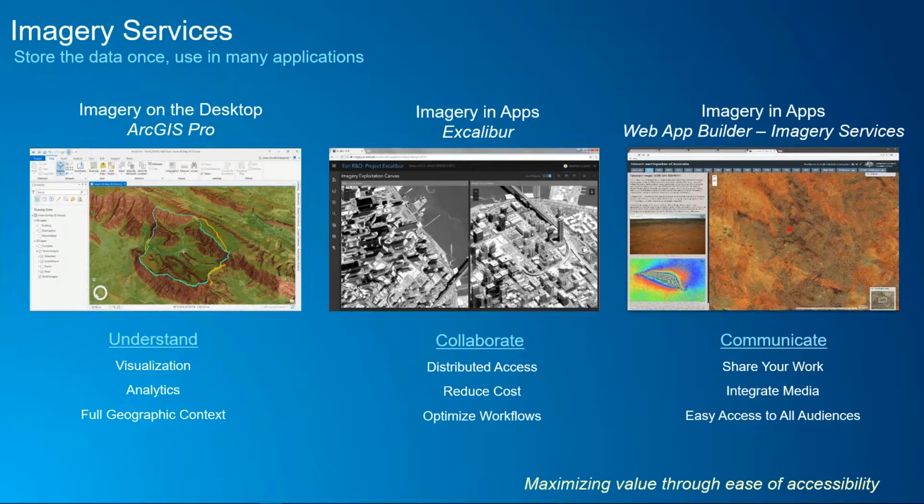You can do it now with your own data. So you can ingest these analytics or the image services themselves in ArcGIS Pro, in various web apps, story maps, etc., and mobile devices, to be able to visualize and process these various image services.